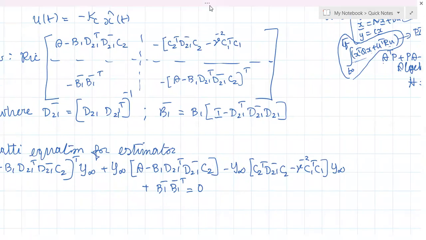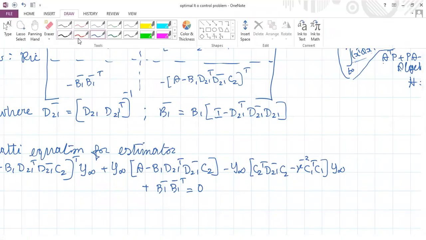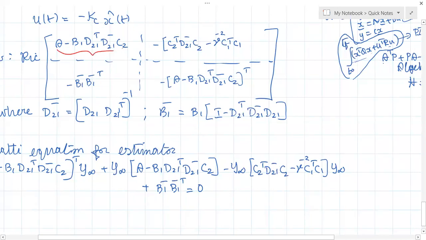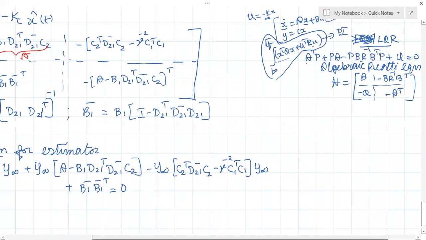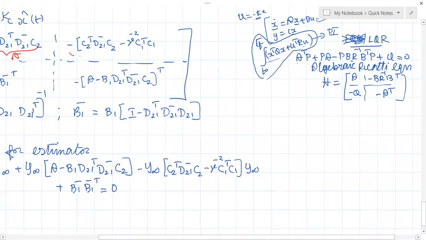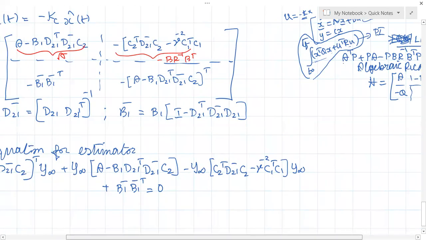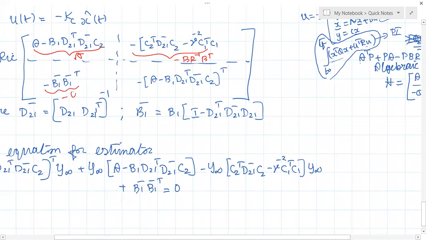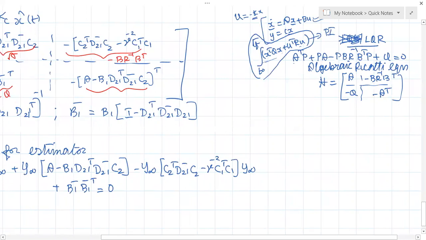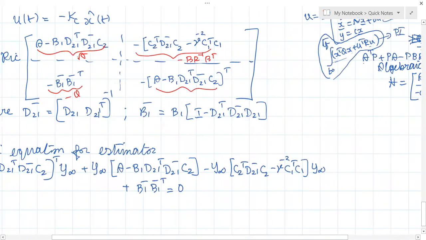Then this should be minus B R inverse B transpose, and this is minus Q. And this should be nothing but minus of A transpose.